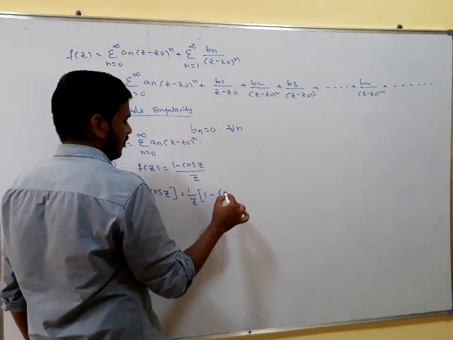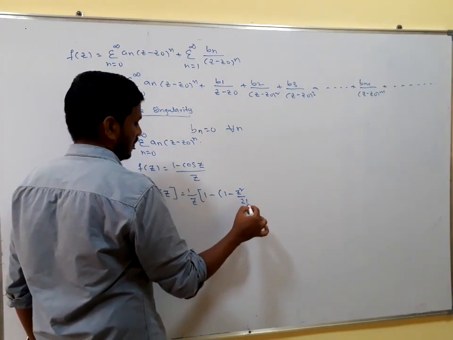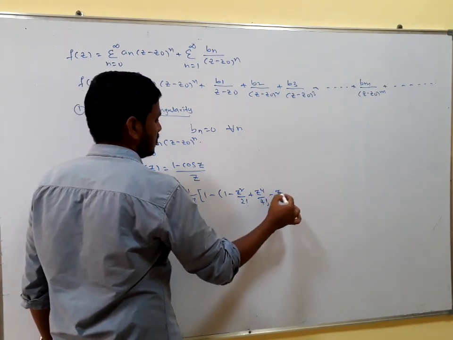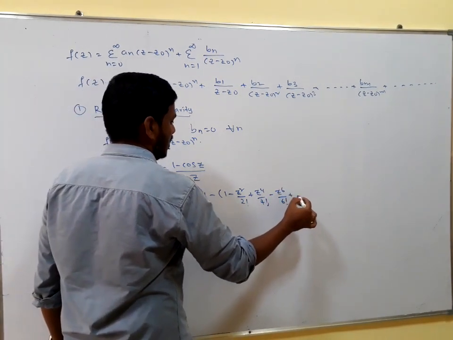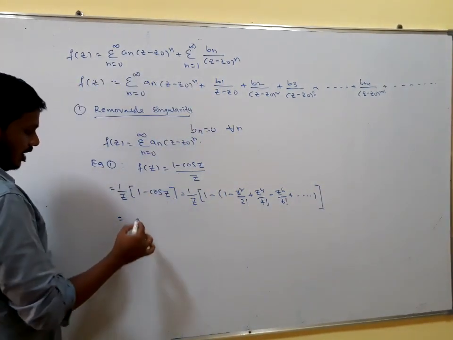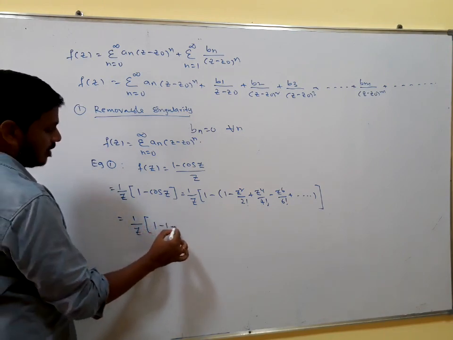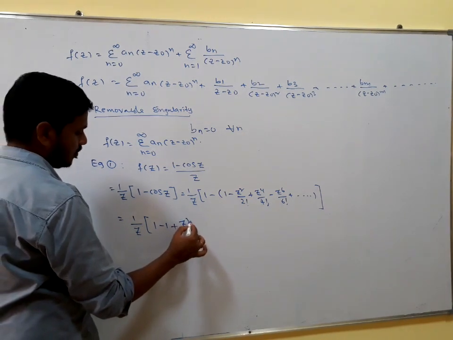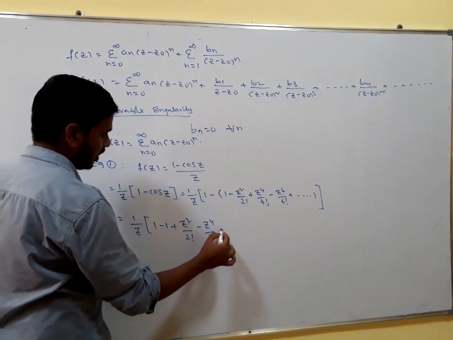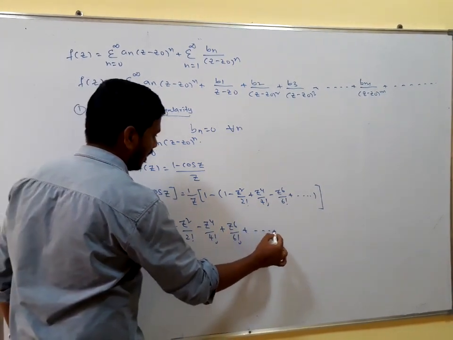Here it is 1 minus z square by 2 factorial plus z to the power of 4 divided by 4 factorial minus z to the power of 6 divided by 6 factorial plus so on. This is the cos z expansion. Multiplying with 1 by z, we can write this as 1 minus 1 plus z square by 2 factorial minus z to the power of 4 divided by 4 factorial plus z to the power of 6 divided by 6 factorial plus so on.